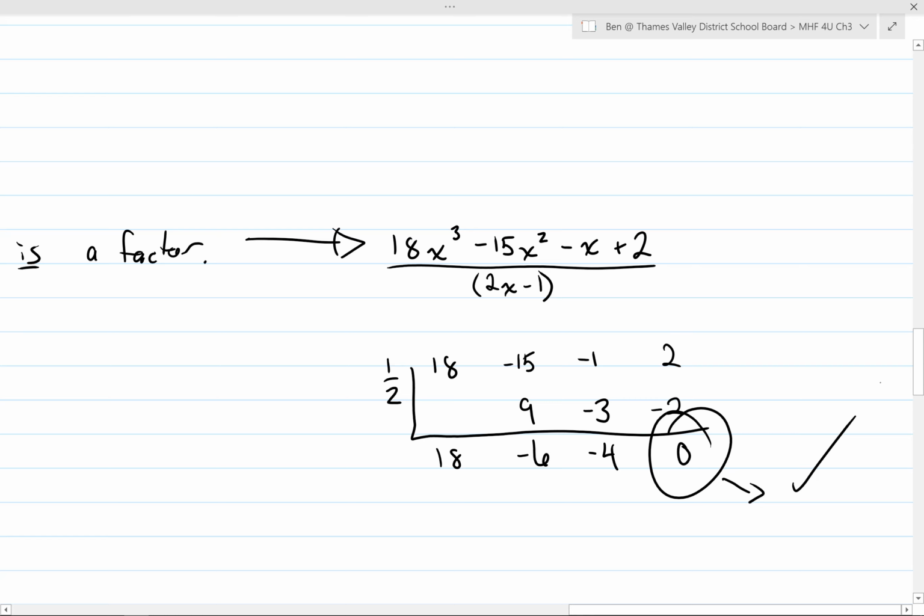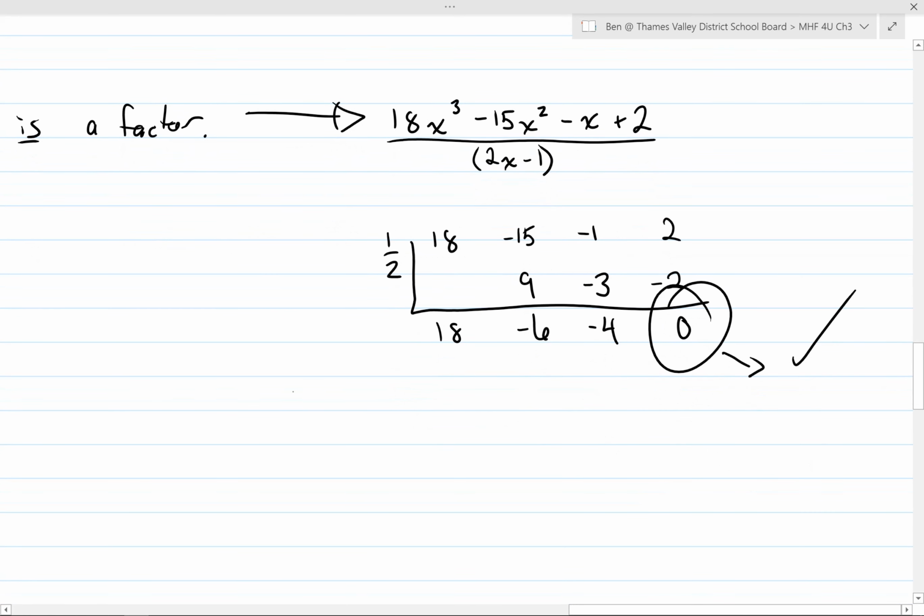I'm confirming that it is a factor, and that means that my dividend, which is 18x cubed minus 15x squared minus x plus 2, equals my divisor, which is 2x minus 1, times my quotient, which in this case is 18x squared minus 6x minus 4.